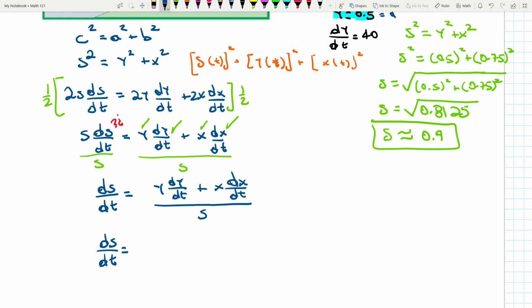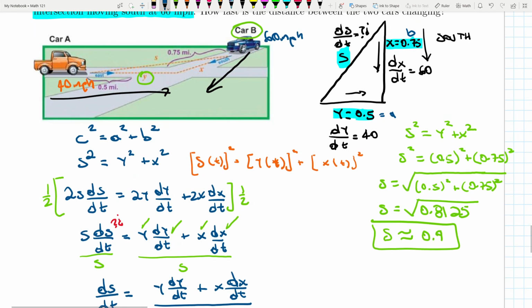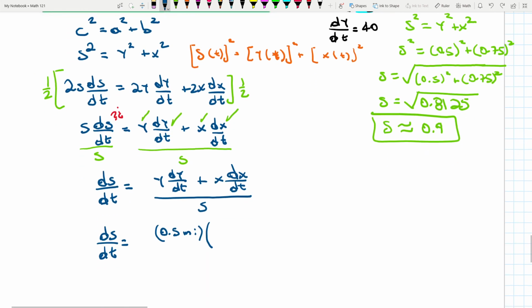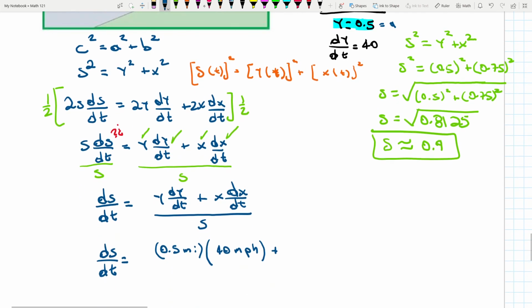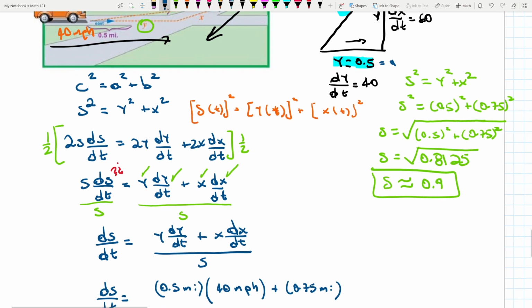These are units of distance, so 0.5 miles times dy/dt, which is the rate of change, which is 40 miles per hour, plus x, which in this case is 0.75 miles, times the velocity for that car, which in this case is 60 miles per hour.